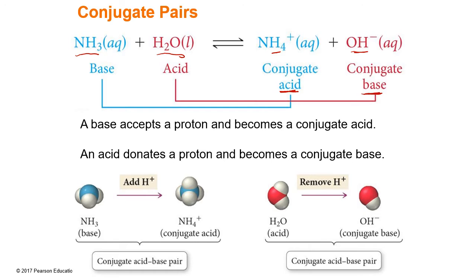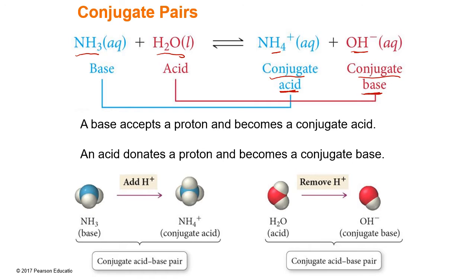Because they're on the product side, we call them conjugate acids and conjugate bases. These conjugates differ from the original substance by one hydrogen. So our base that accepts a proton becomes the conjugate acid. The acid that donates the proton becomes the conjugate base.